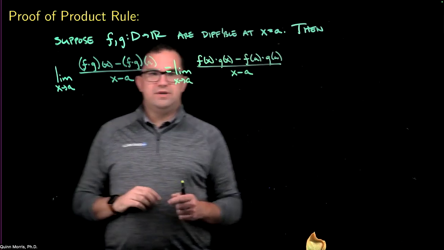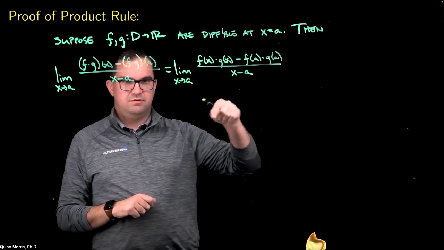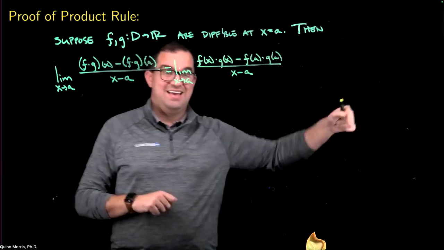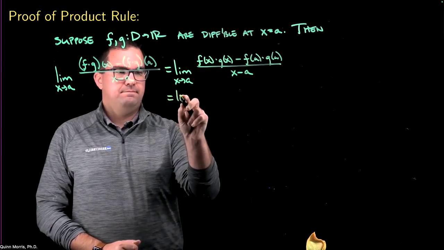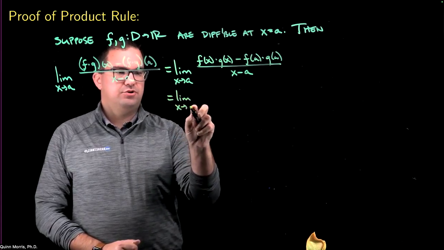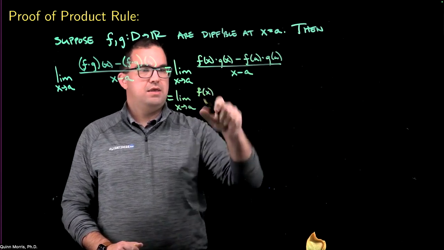What I'd like to do is break that down into f changing its input from x to a, and then g changing its input. And so the way I'm going to do that is I'm going to add and subtract a term here.